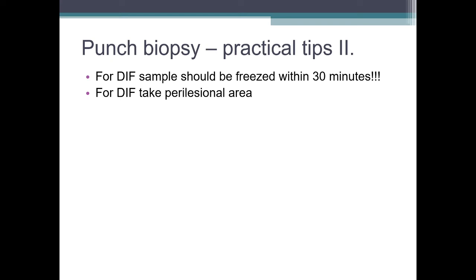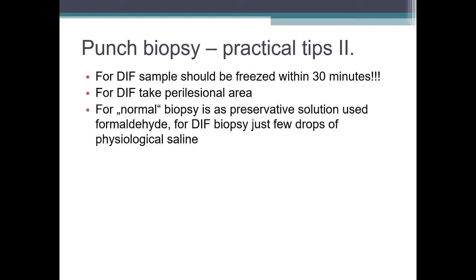Also, don't take it from the lesion, but choose a perilesional area, about 1 centimeter from the primary lesion. You need to freeze the sample for direct immunofluorescence, and for the transport, instead of formaldehyde, use just some physiological saline.